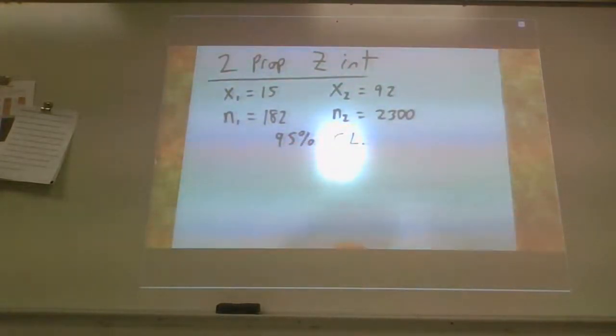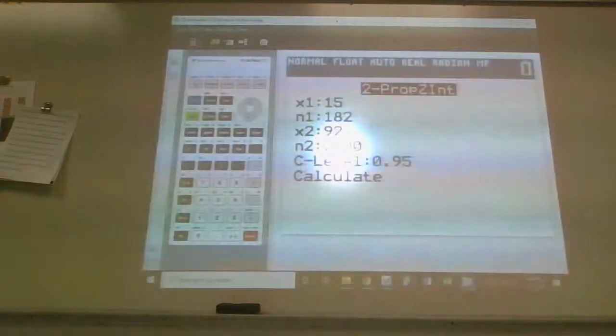The point of me showing you this 2 prop z int now is so we can actually look at the interval and properly interpret what it's telling us. So those numbers are going to be typed into the calculator, as you can see right here. And I'm going to calculate that thing.